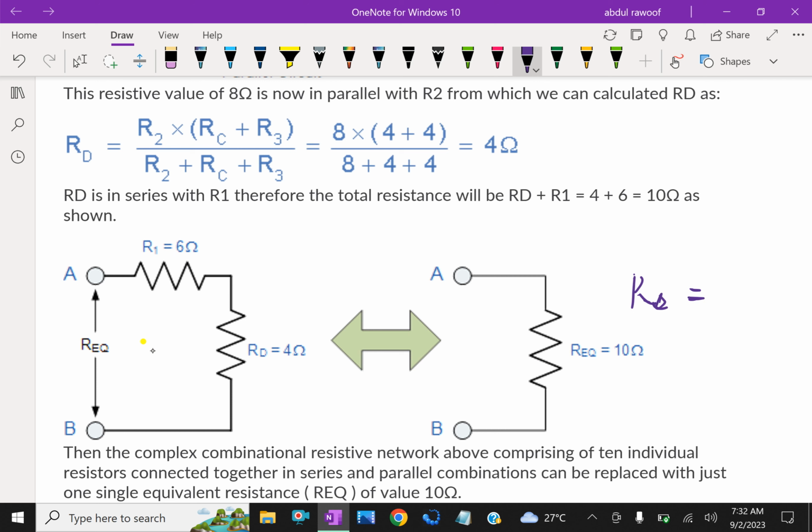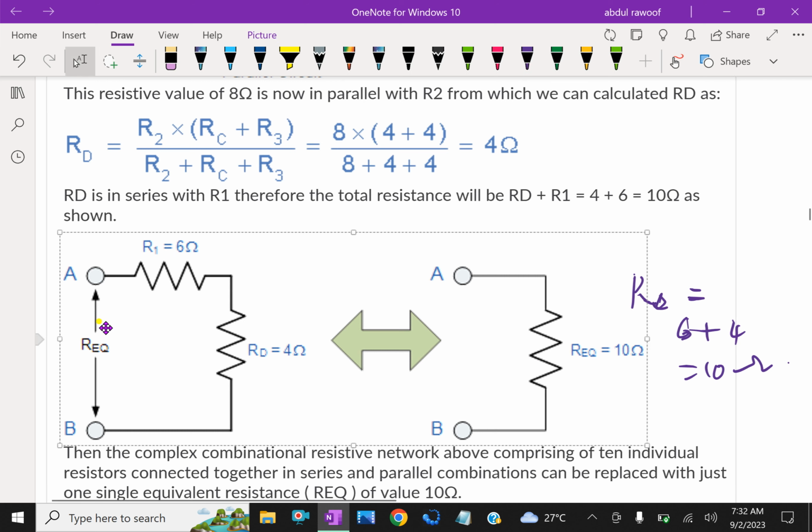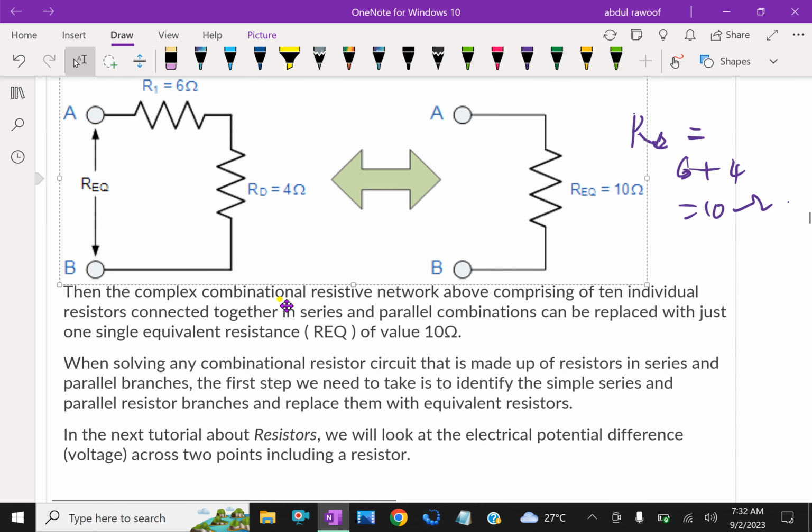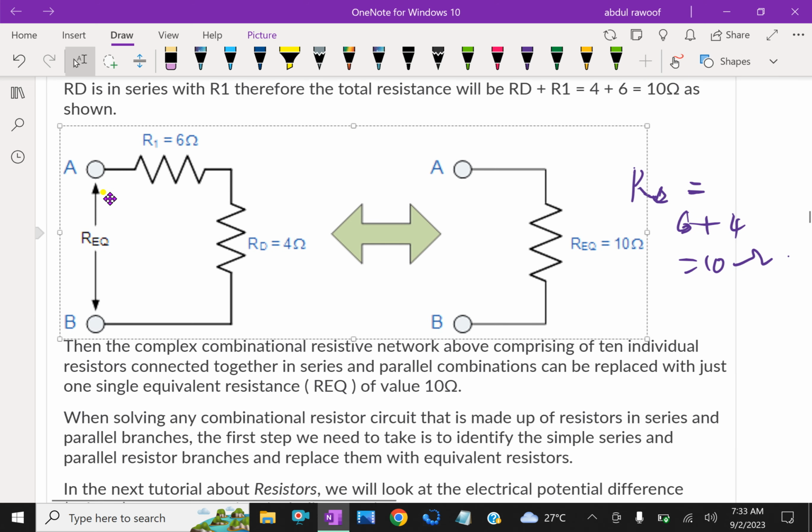This combined circuit has an effective resistance of 10 ohm. From this we can calculate the current if the voltage is given. Here the voltage is not given, so we calculate the effective resistance, 6 plus 4, that is 10 ohms.